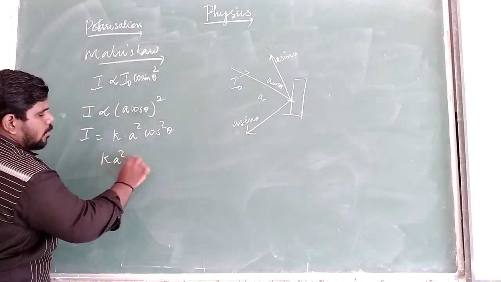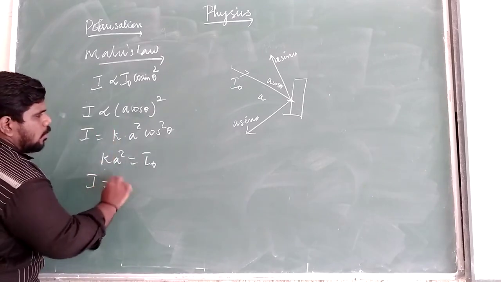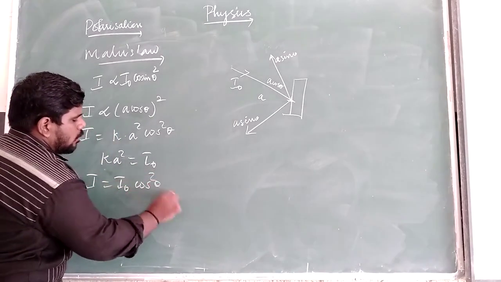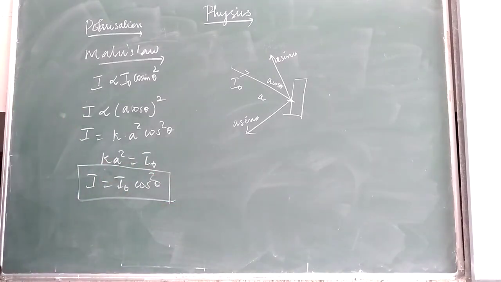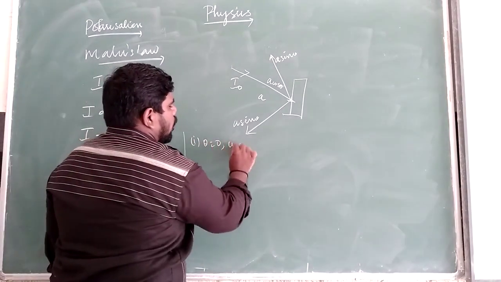K A squared is equal to the initial intensity I0, so we get I equals I0 cos squared theta. Okay, clear? When cos theta is equal to 0, theta is equal to 90 degrees.